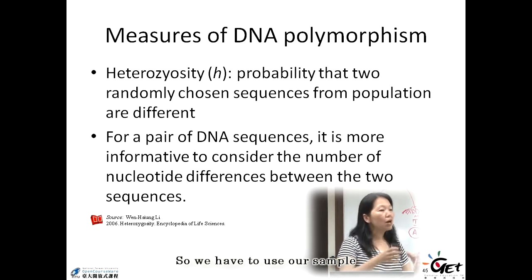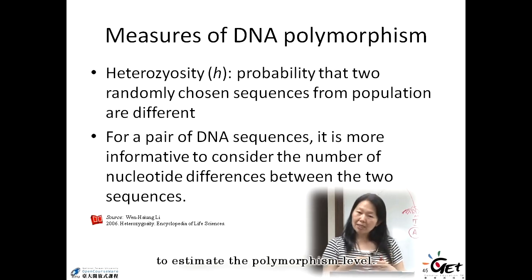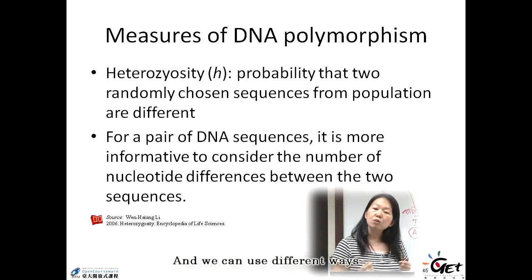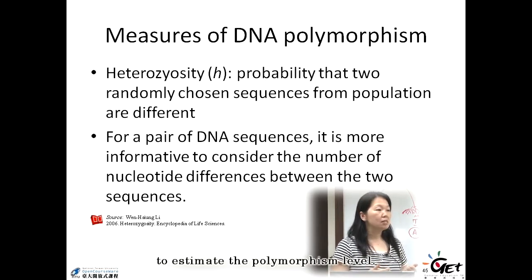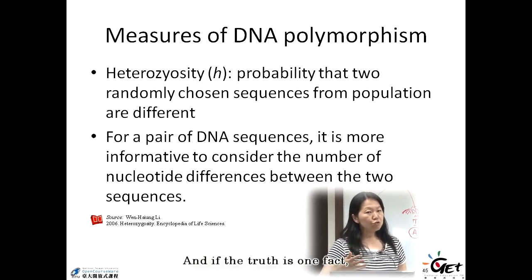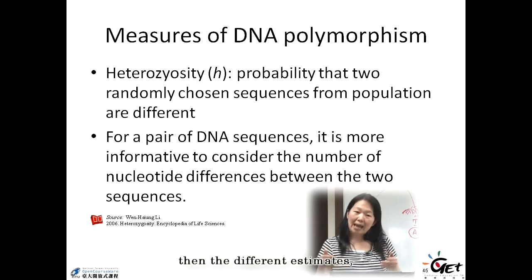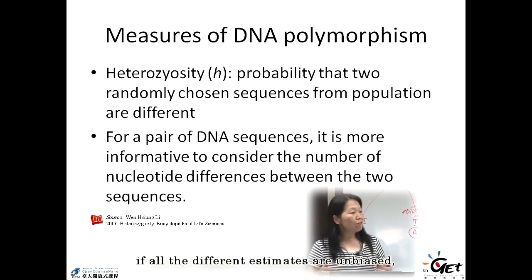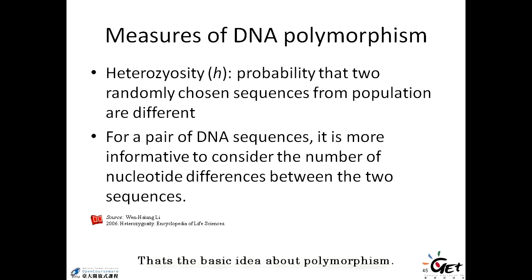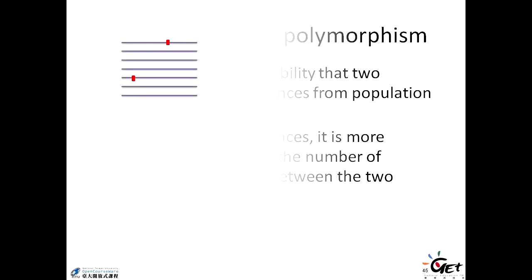So we have to use our sample to estimate the polymorphism level. And we can use different ways to estimate it. And if the truth is one fact, then if all the different estimates are unbiased, they should be the same. So that's the basic idea about the polymorphism.